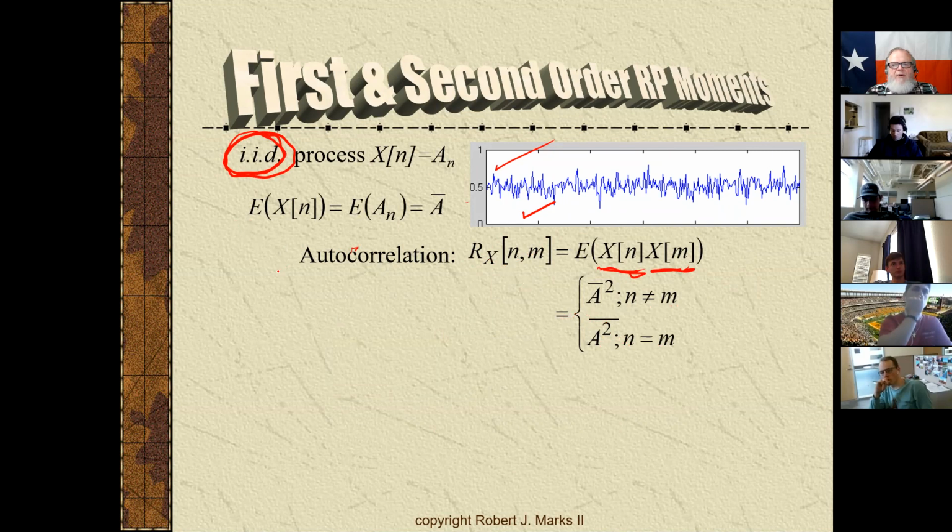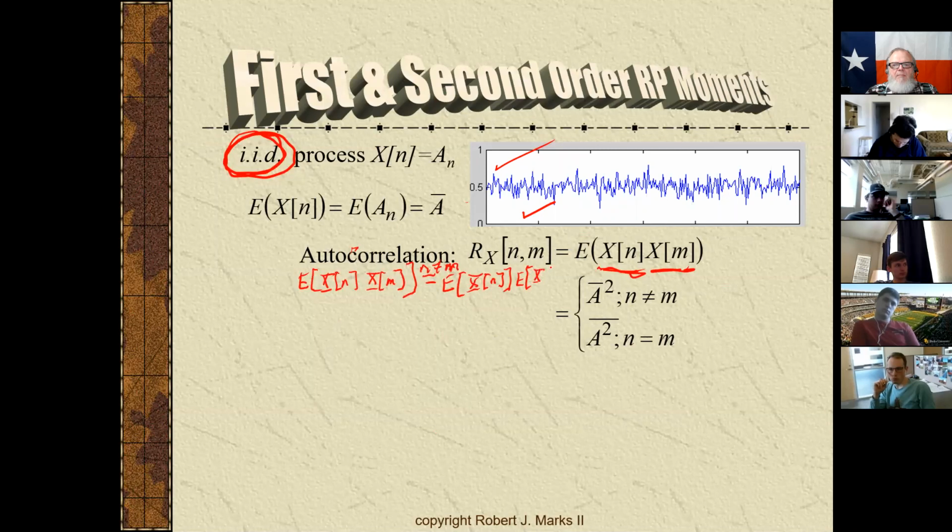How I can show that very easily. If n is not equal to m, this is the same thing as the expected value of x sub n times the expected value of x sub m.